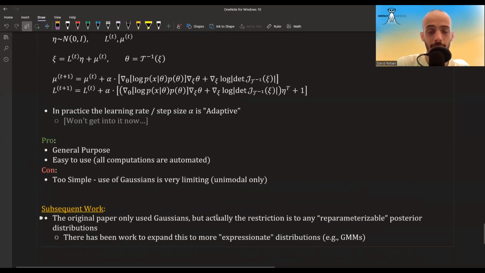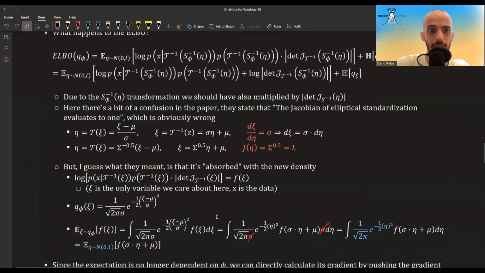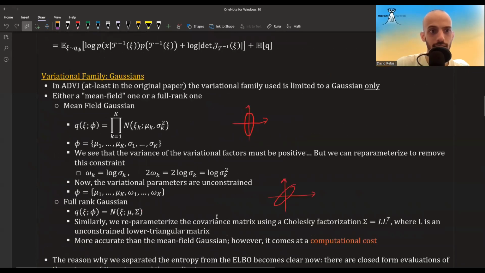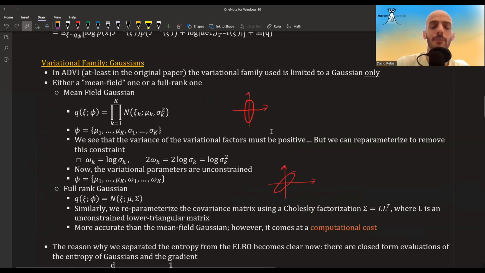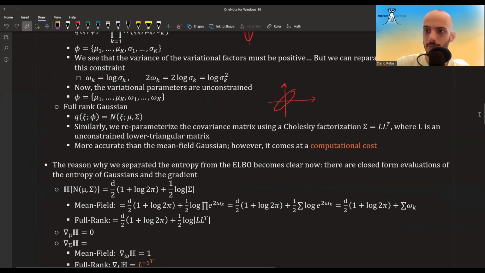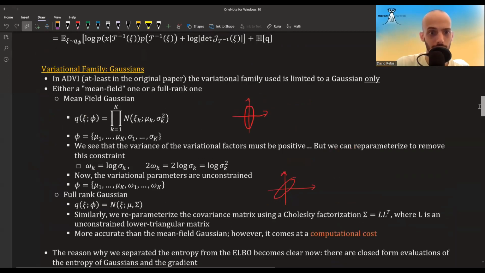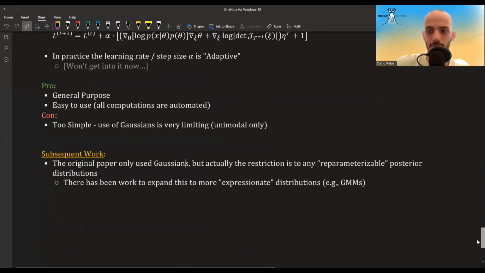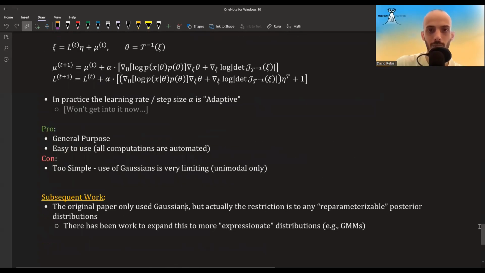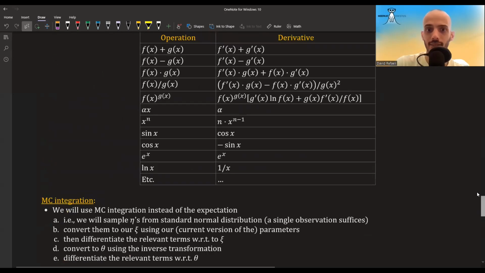Maybe I should note that I think the reason they used Gaussians is because they wanted to do the reparameterization trick. Maybe also because it's simpler and the derivation is easier. But I think the main point is that they wanted to do the reparameterization trick to push the gradient into the expectation, because in another type of general purpose algorithm that we will see in the next video, called black box variational inference, they didn't use Gaussians.